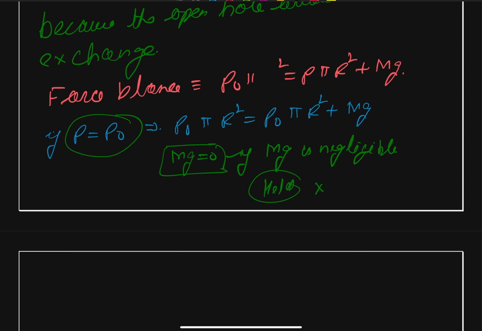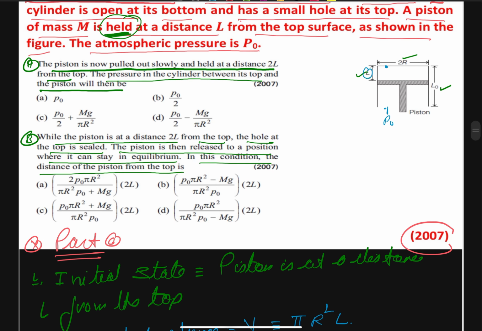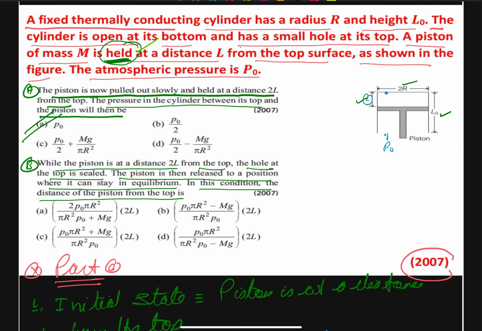Which is quite not possible at all, unless we have a negligible mass of the piston. Therefore we can say that the pressure inside will be our P naught, because it is quite an open statement that it is being held.